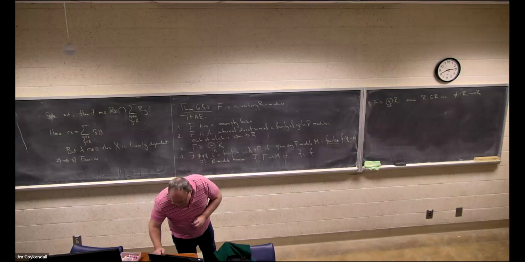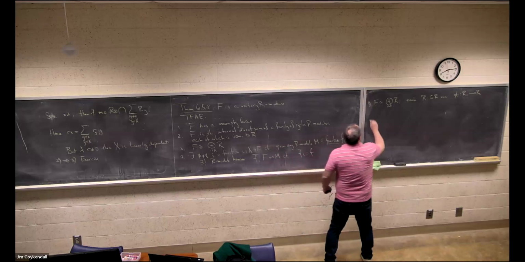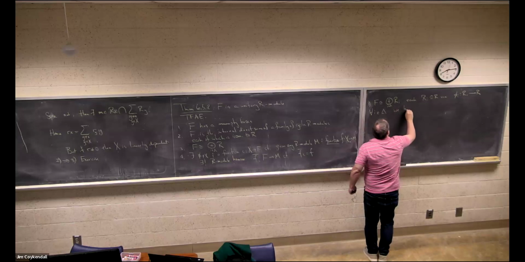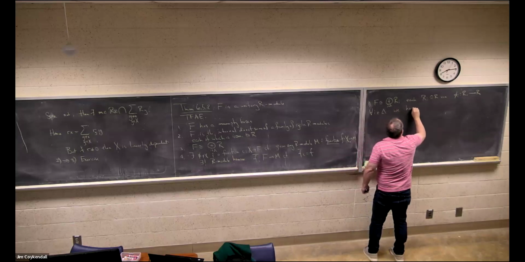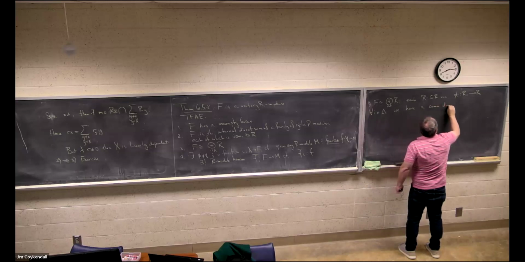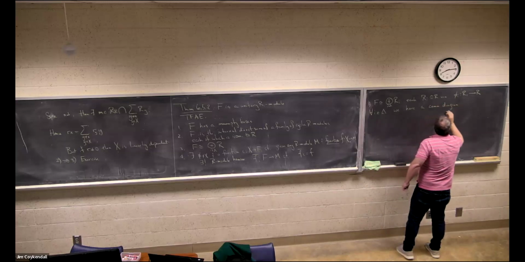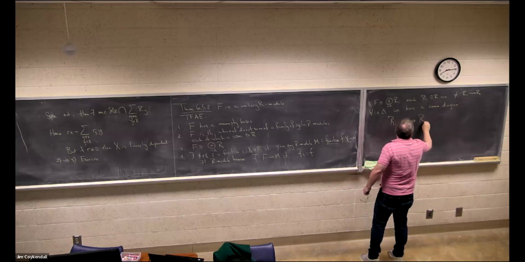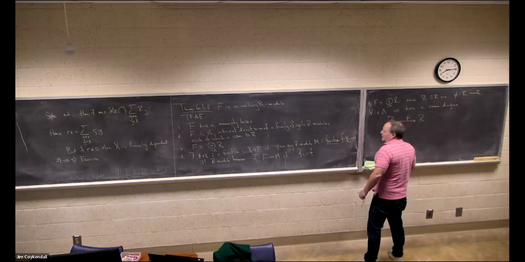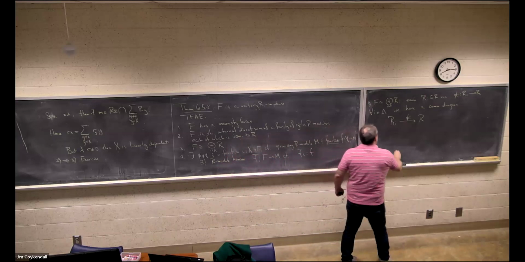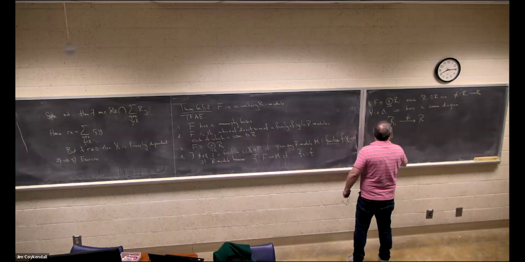Well, here's what we have. For every I, we have this diagram: Ri goes to R via vi, and Ri, of course, includes into the direct sum.